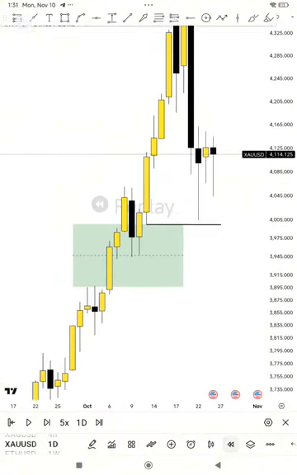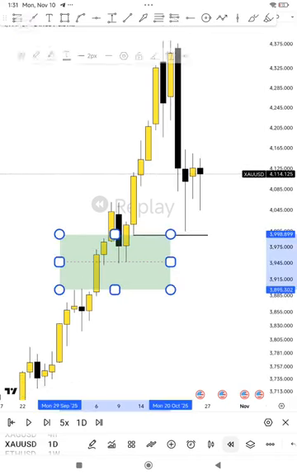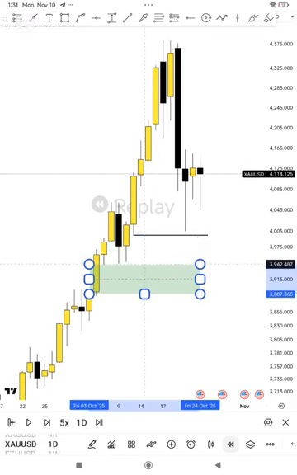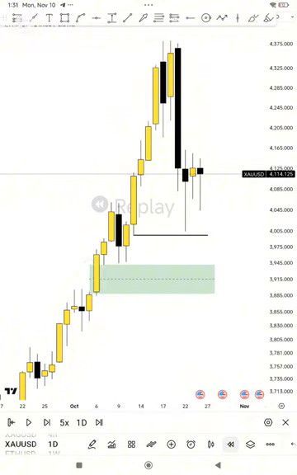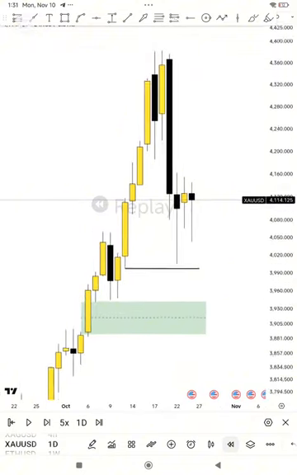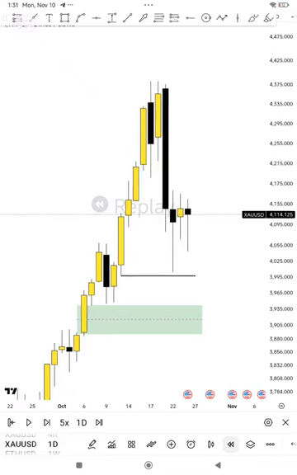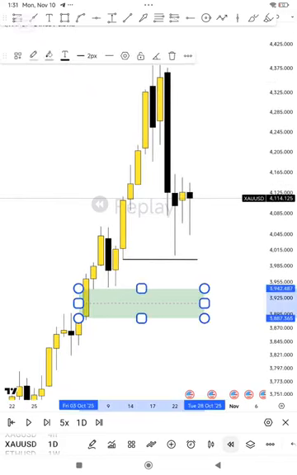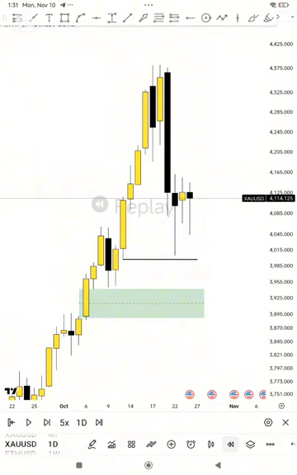Let's see here what we have. Here you can see we have an unfilled FVG as well, and we have the liquidity of this candle as well. So what can we expect here? If the market comes down to this fair value gap, then here we can expect a retracement upside and a reversal as well.